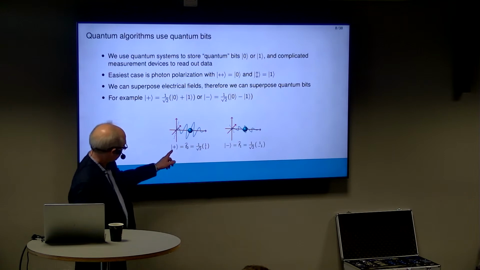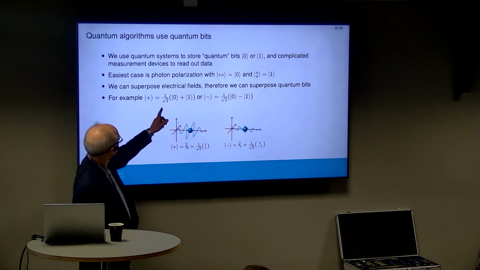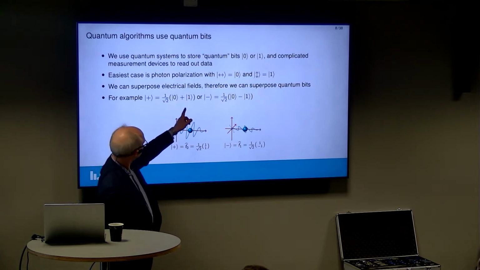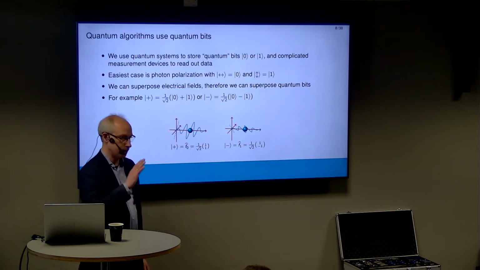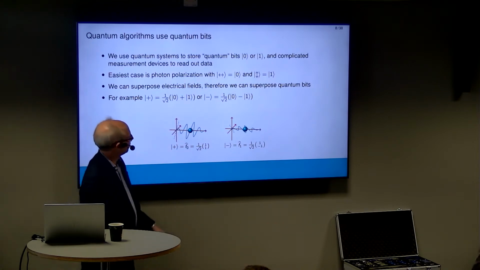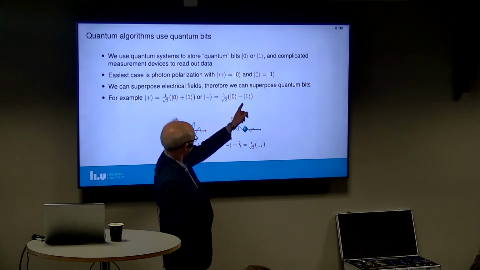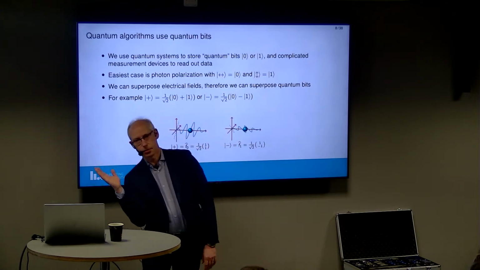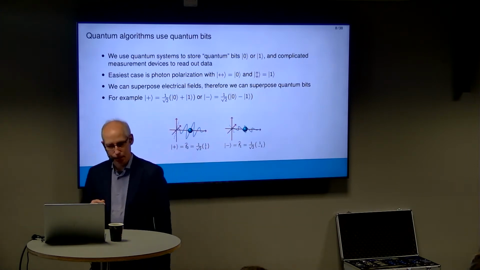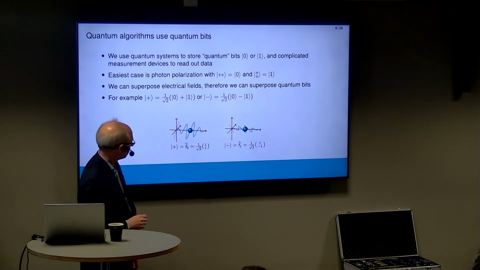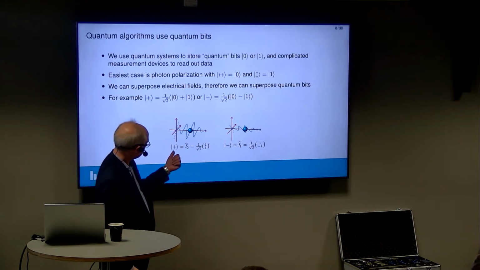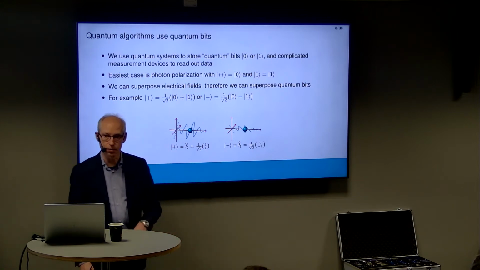So if I add 0 and 1 with the right phase here, I'll get 45 degrees in one direction. If I add in the other direction, I'll get a different superposition of the two, and I can just write down this is one superposition, that's another superposition.